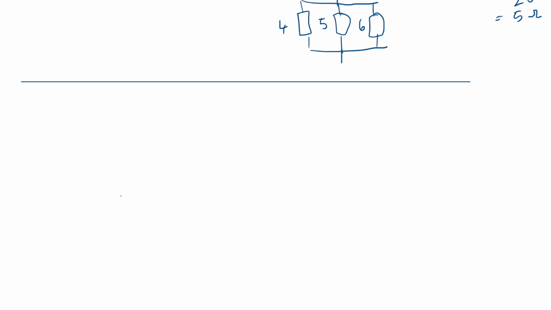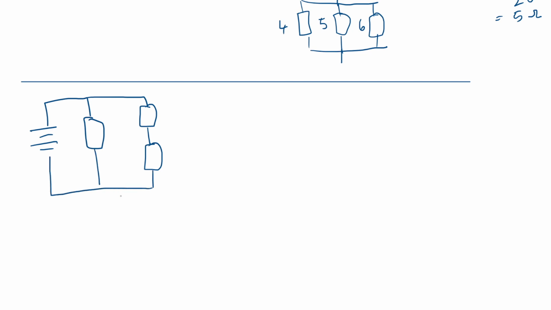I should have thought of some questions. Let's make a quick circuit. Those are in parallel, and then let's add a resistor here for good measure, not to scale. 10 volts.